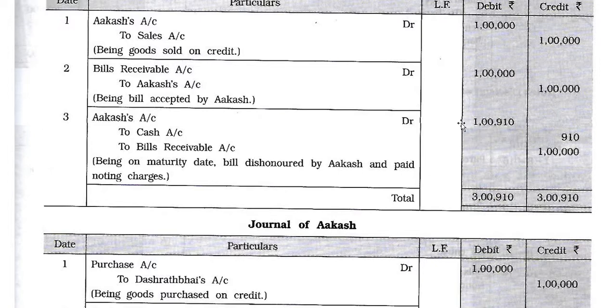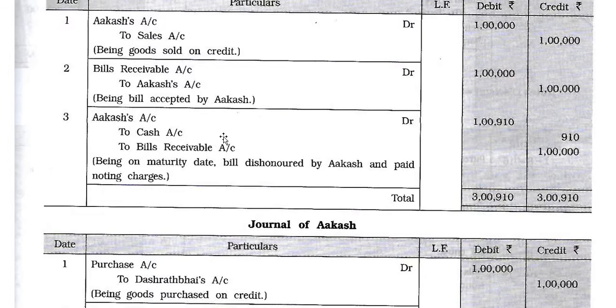Now third entry, Akash account debit 1 lakh 910 rupees to cash account 910, to bills receivable account 1 lakh. Here bills receivable is debit in the second entry, and when on the maturity date the bill is dishonored by Akash and noting charges are paid, at that time, when there is dishonor of the bill, we reverse the entry, meaning Akash account debit and bills receivable account credit.